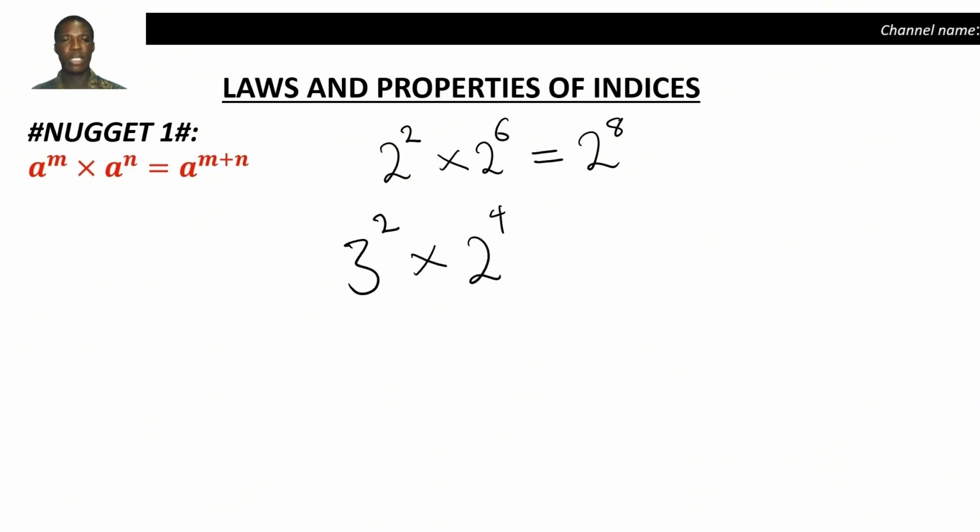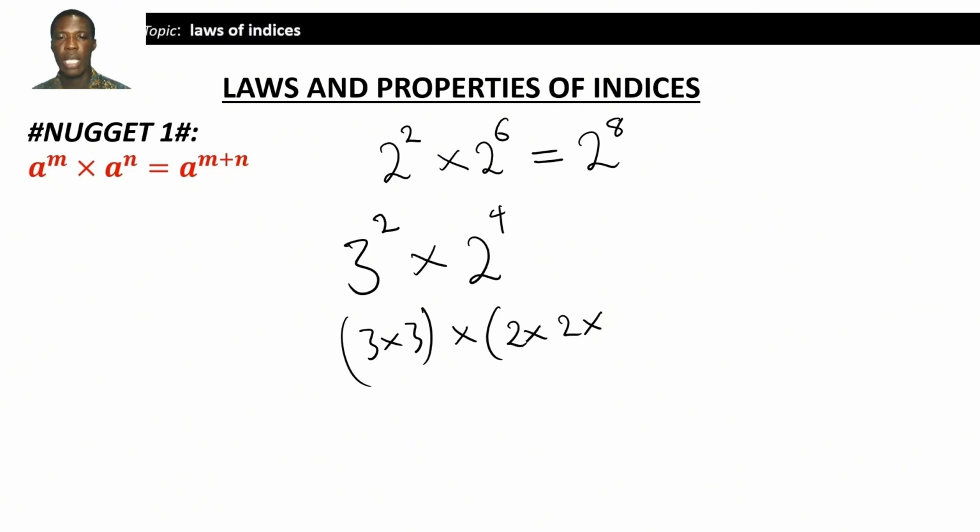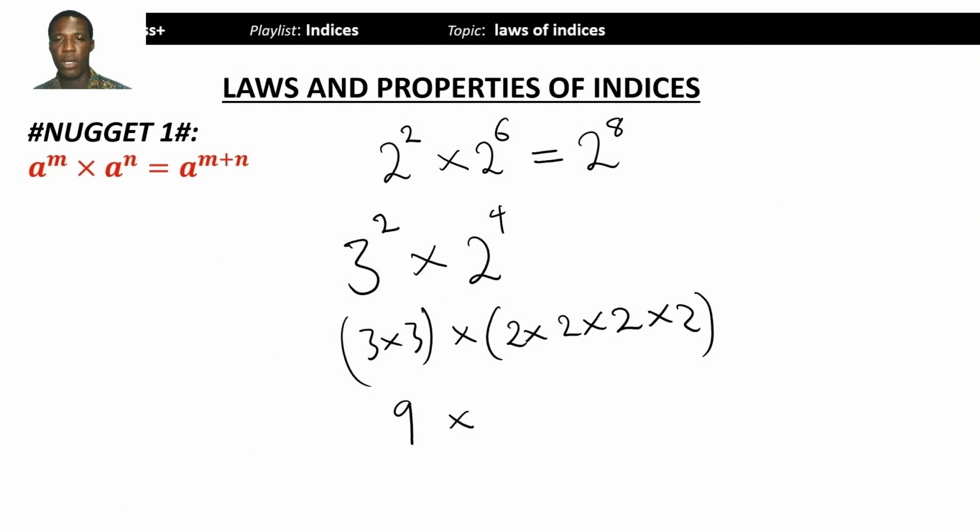When I do this multiplication, I'll get 3 times 3 multiplying 2 times 2 times 2 times another 2. So here I get 9, here I get 2, 4, 8, 16. So I get 16. You see that these are not two same numbers.